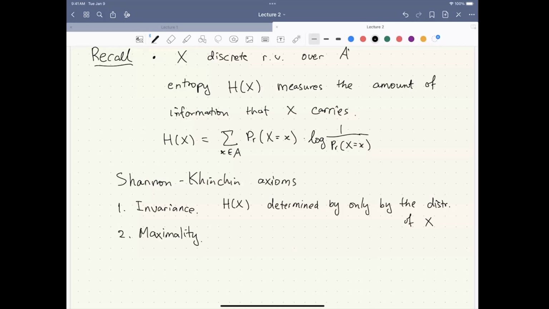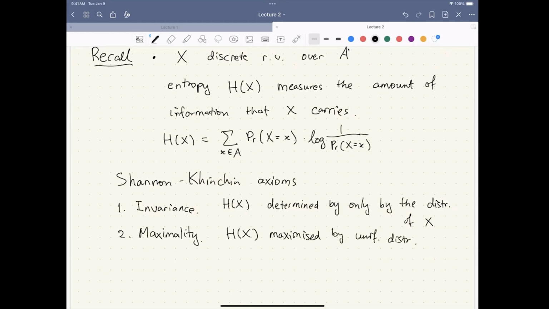But the one with the maximal amount of information or randomness or surprise is the one that's defined uniformly over the set A. So the entropy is maximized by the uniform distribution.